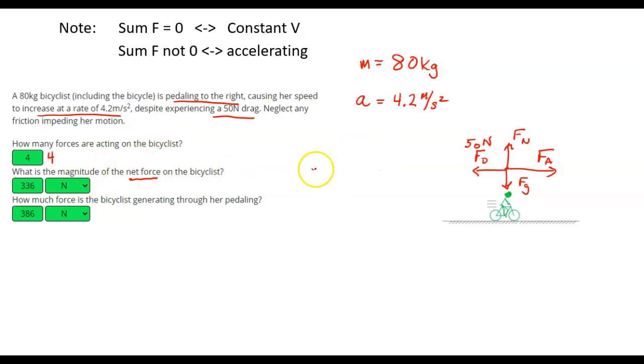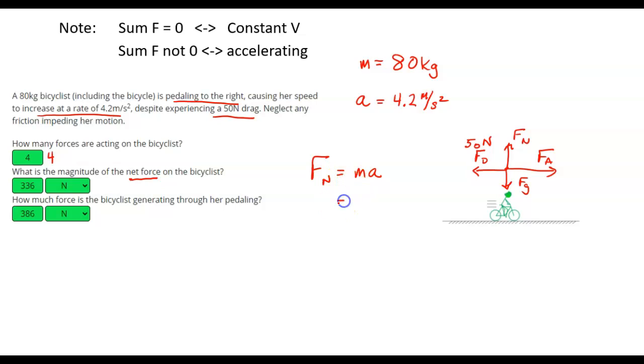Well, we know from Newton's law, F net equals ma. The net force is what causes the acceleration, not the individual forces. Whatever the sum of all the forces is, whatever the net force, that is what causes the acceleration. So our acceleration is F net over m. The net force is what we're trying to find.